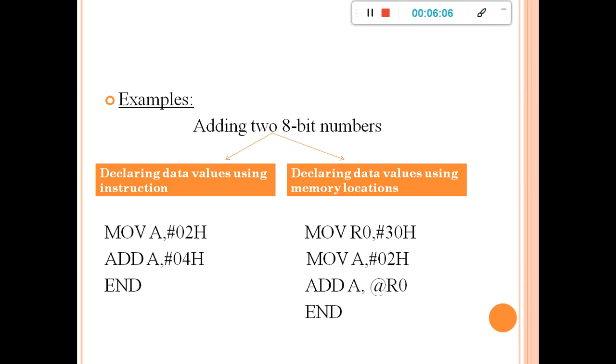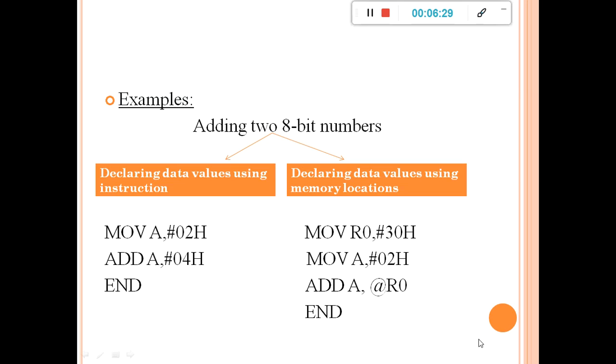Now, whenever I am fetching data using indirect addressing mode, I have to initialize the pointer first. The first instruction is MOV R0, #30. When you see the first instruction, the immediate data 30 is moved into R0.